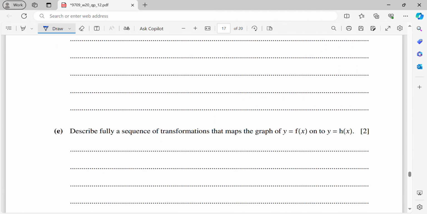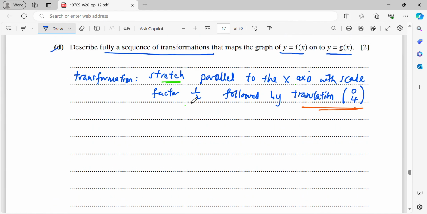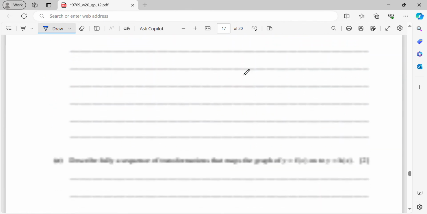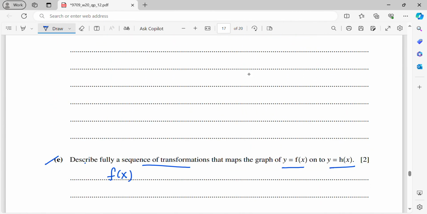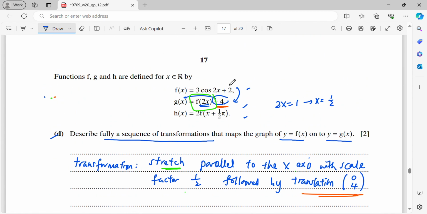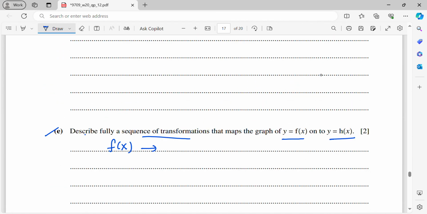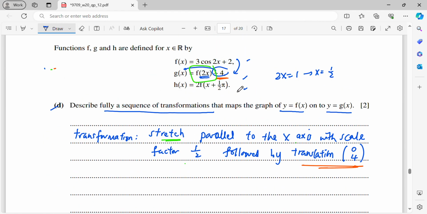Okay, now part E. Describe fully a sequence of transformations that maps y equals f(x) onto y equals h(x). So now f(x) changes to h(x) equals 2f(x plus half pi).